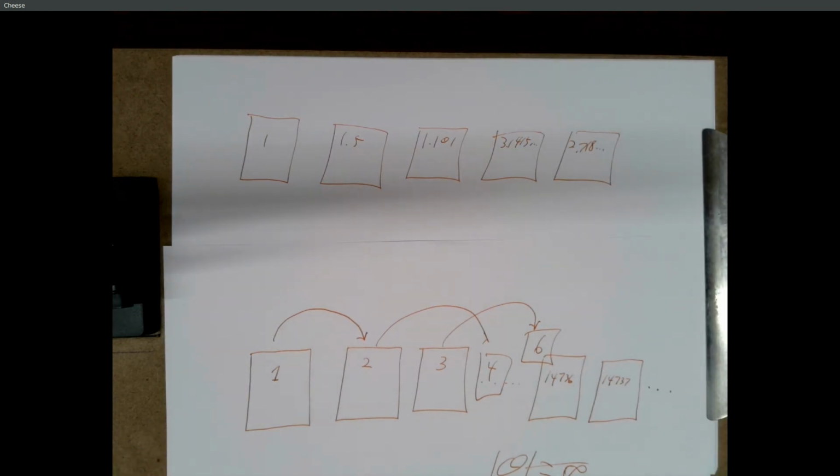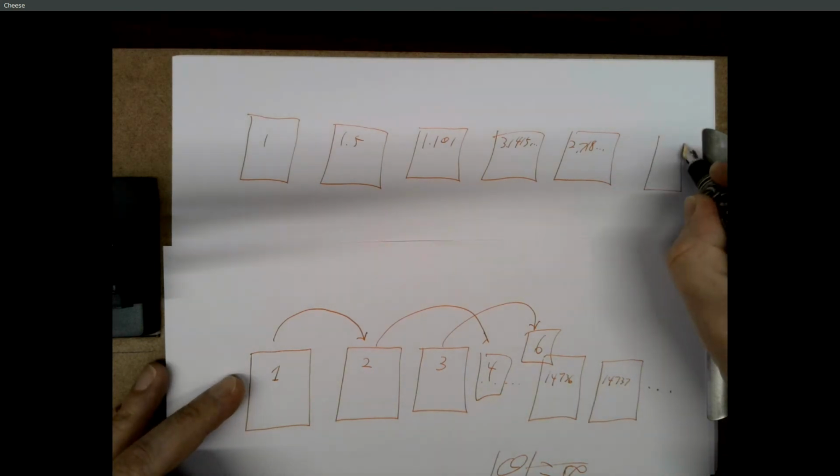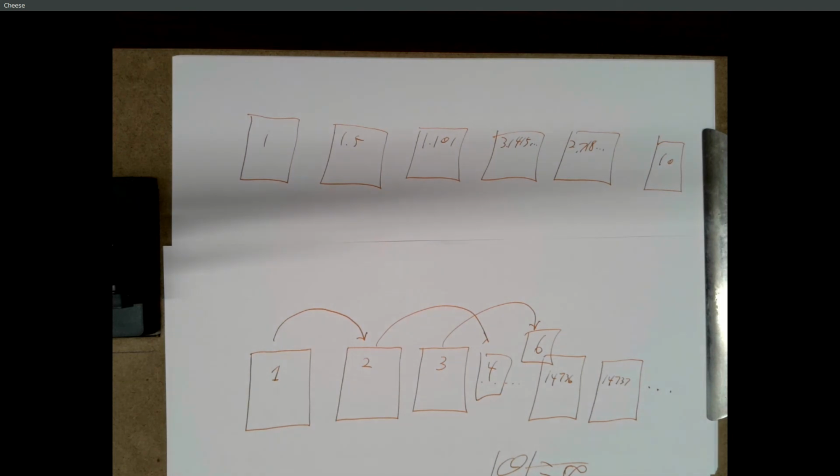And every real number between 1 and 10 has a room associated with it. So think of any real number between 1 and 10. 5.718365, there's a room number. There's a door with that number on it.